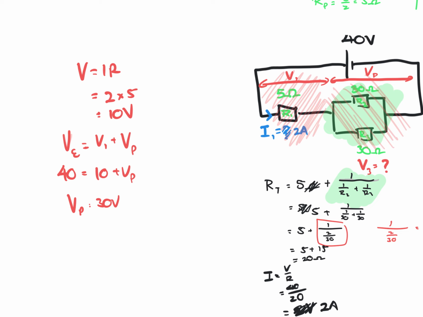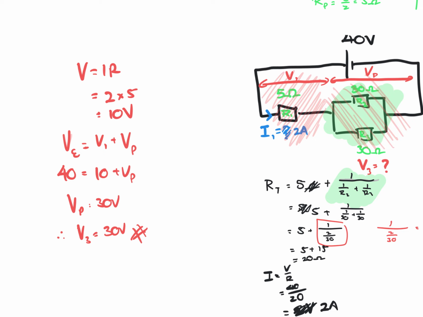Vp is my potential difference across my parallel arrangement. So whatever it is across here, it's the same across here. It will all be the same. So therefore, V3 is going to be 30 volts. There you go. That's one way of solving it. There are probably many other ways, but this is one way you can solve it.